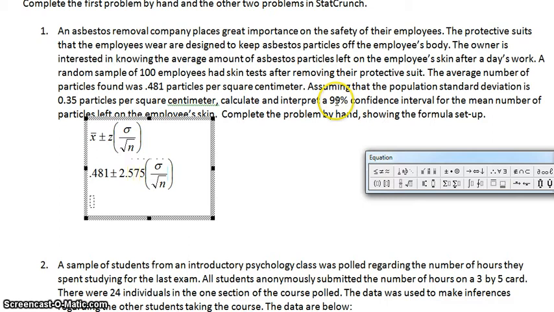So this is the Z value where negative 2.575 and 2.575 would include 99% of the area under the normal curve. Sigma here, they tell you the population standard deviation is 0.35 and N is 100.